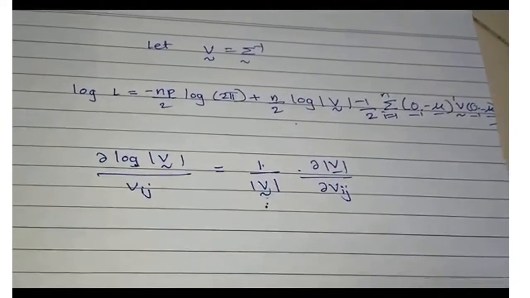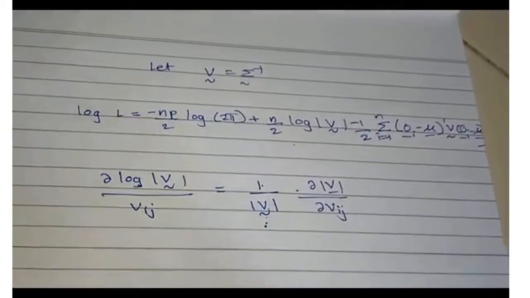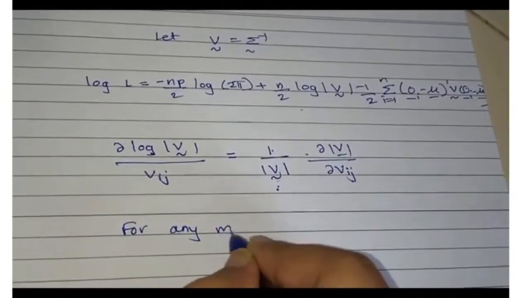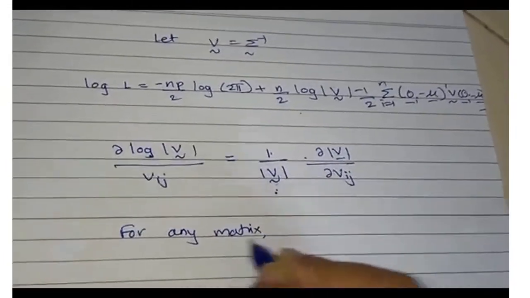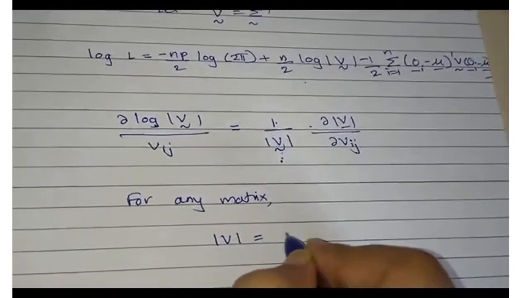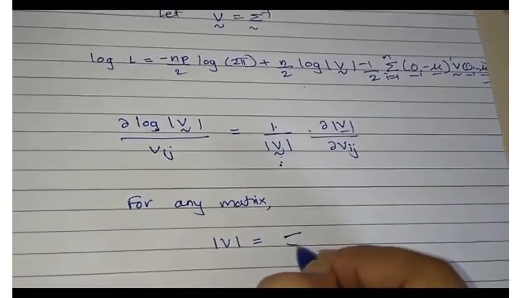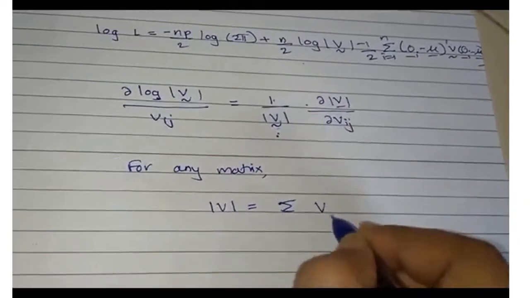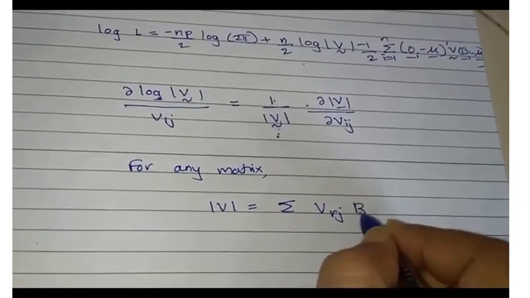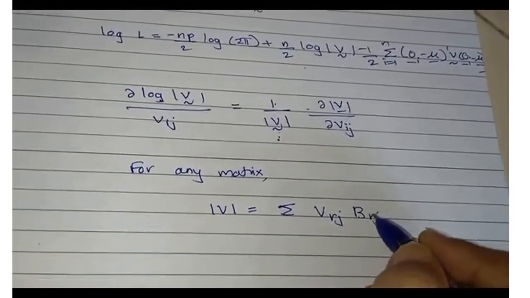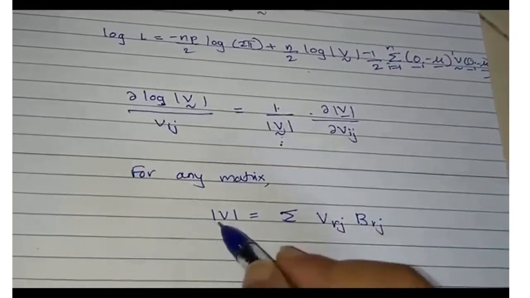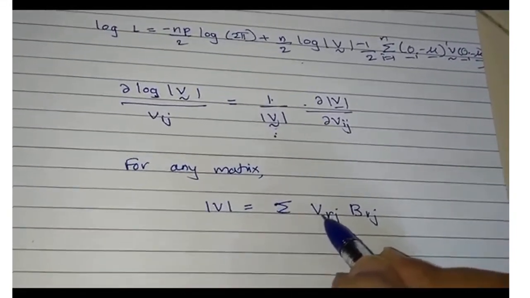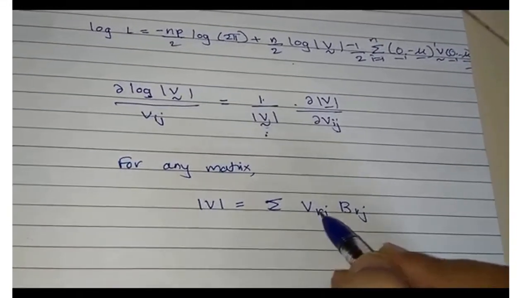So what is the derivative of the determinant with respect to Vij? For any matrix V, I can write the determinant of V as a sum over r of V_rj times B_rj. So the determinant can be written by fixing some row or some column.